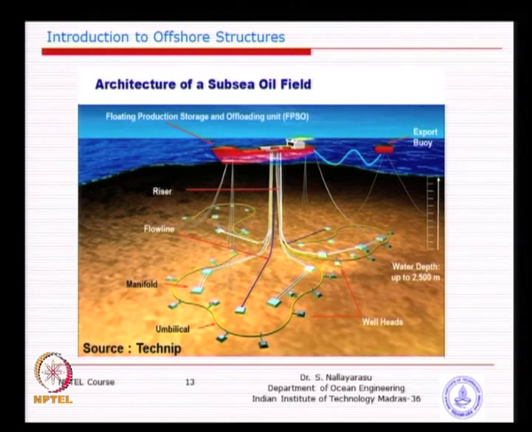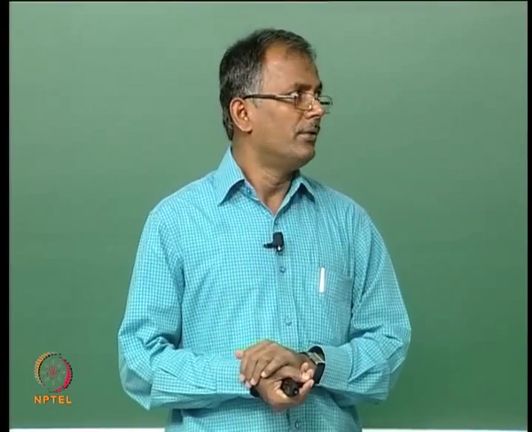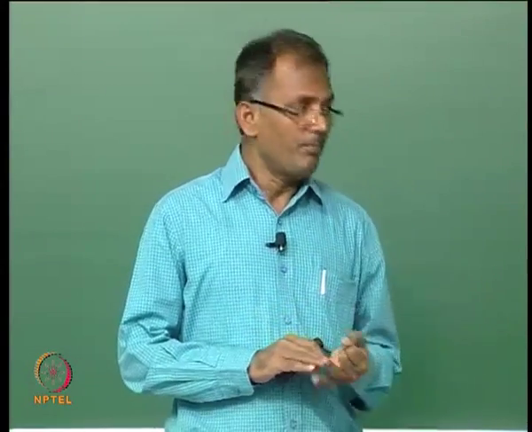So, you see here the subsea, the one that we were talking about, many of the wells are connected to one of the floating systems. So, you could see that if you look at each of the solutions, you can actually combine any one with any other combination, depending on the situation, the cost involved and the environmental conditions at the site.